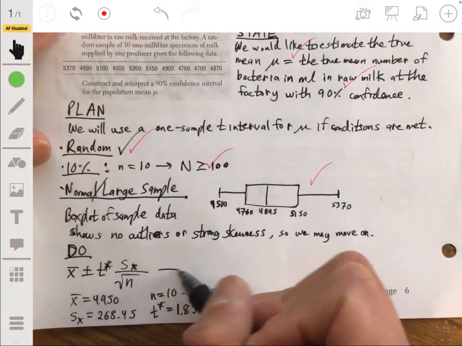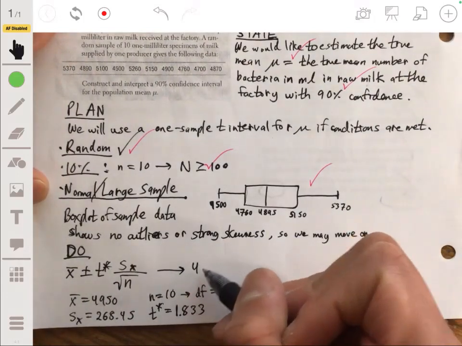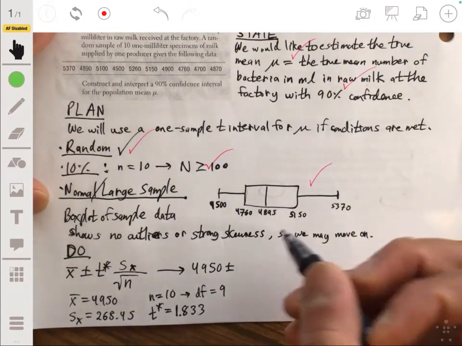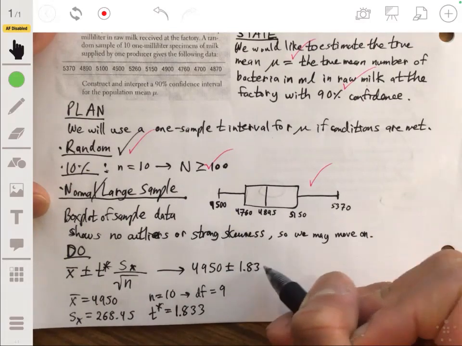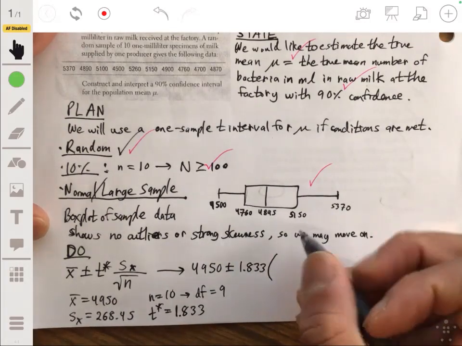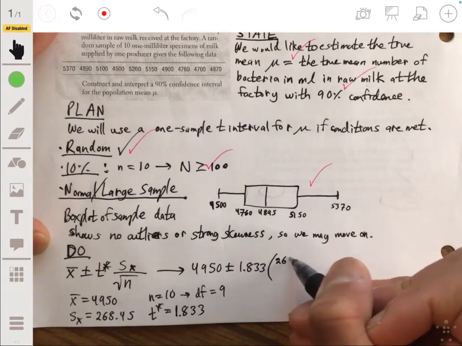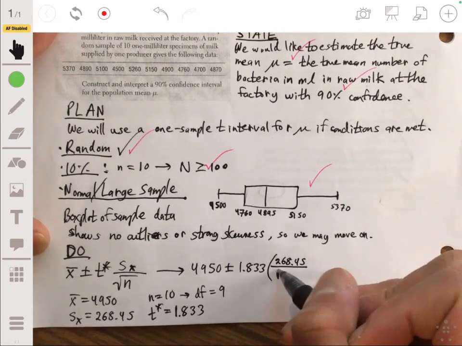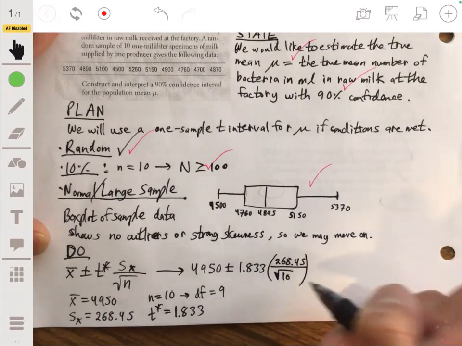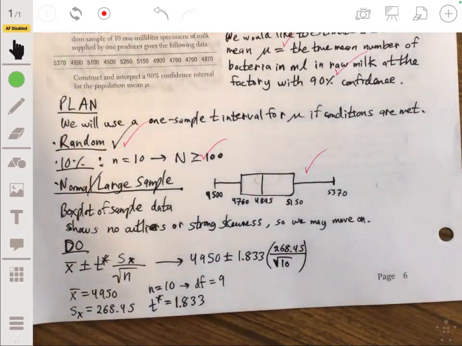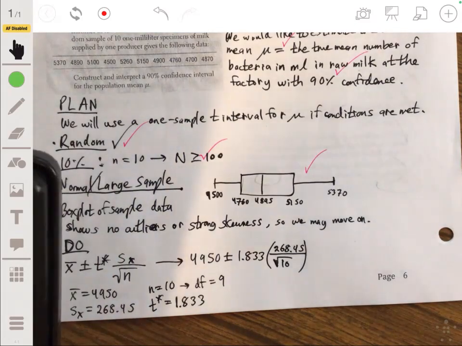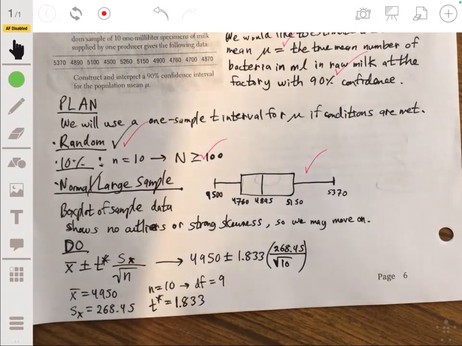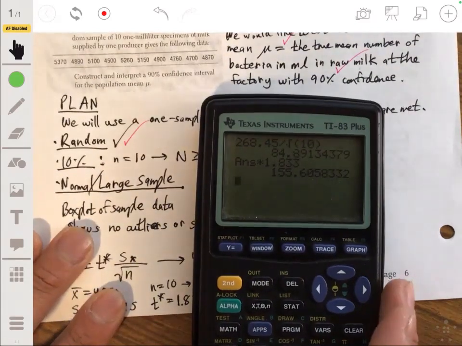So from here, this just becomes an algebra problem. This becomes 4950 plus or minus 1.833 times 268.45 over the square root of 10. Let's see what I get. 268.45 divided by the square root of 10, and you have 155.61 for the margin of error.